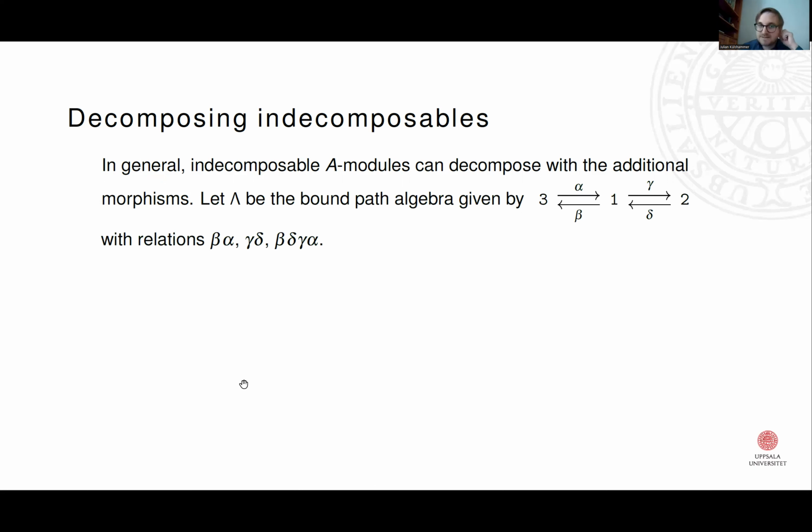Okay. So let's take the following example. It's the bound path algebra given by this quiver and this set of three relations. So going from 3 to 1 to 3 is 0, going from 2 to 1 to 2 is 0, and going from 3 to 1 to 2 to 1 to 3 is 0. Okay. That might look strange, but it's, in fact, a nice counterexample in the world of quasi-hereditary algebras, I was told by experts in the field.